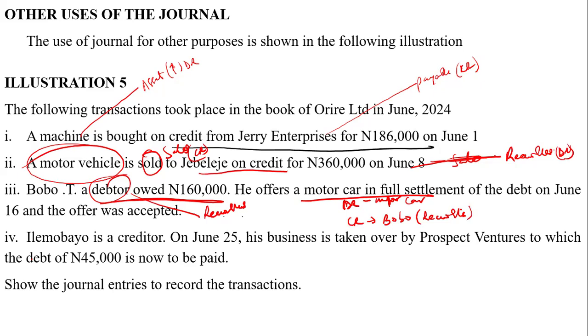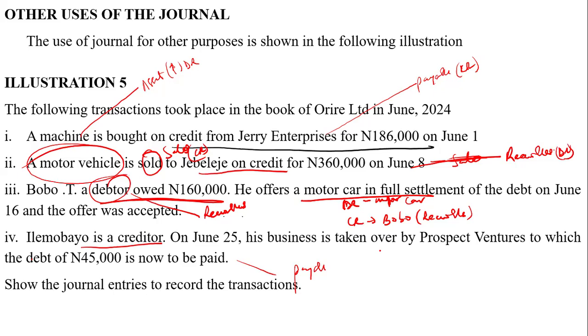Now, I want you to just sit back. One minute, look at this: Ilem Bayo, a creditor. Business takeover by prospect. I'll give you 2 minutes. Just look at it. It's now to pay, to be paid.